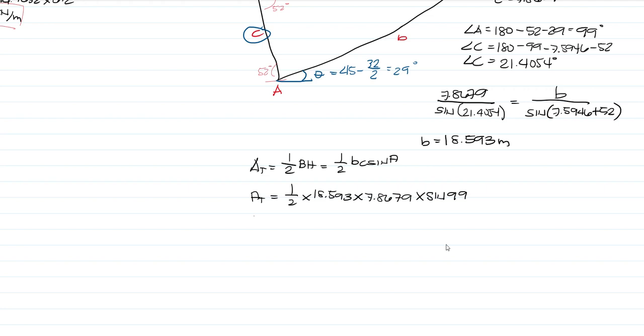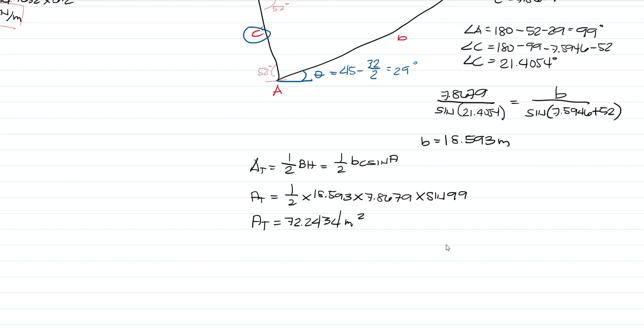So we have an area of the triangle which is equivalent to 72.2434. So this will be a value in meters squared. So that is the area of our triangle.